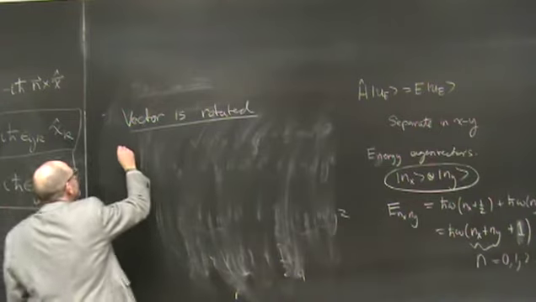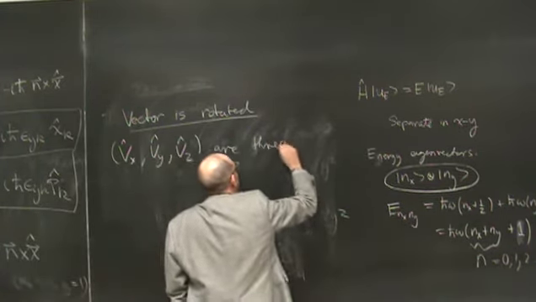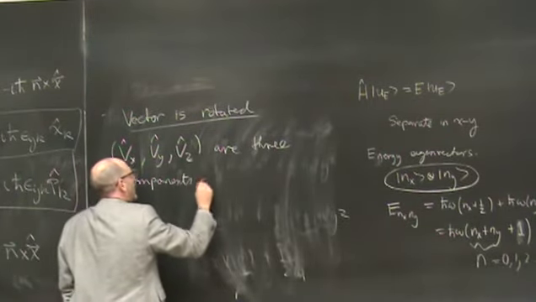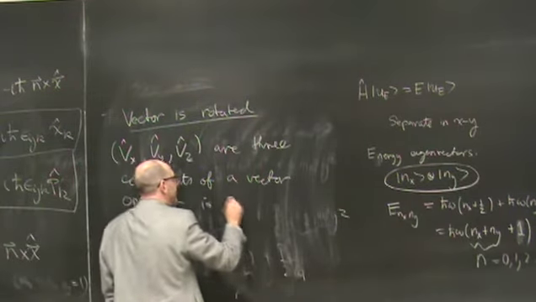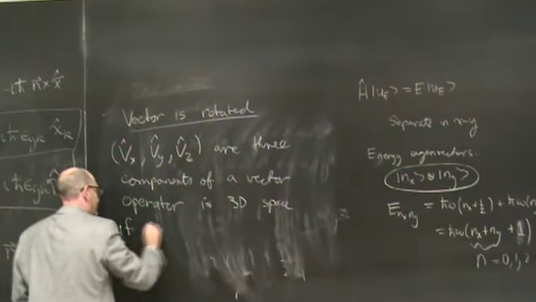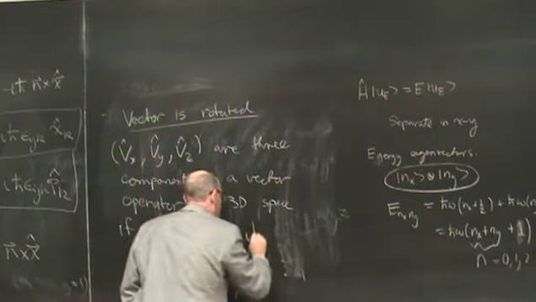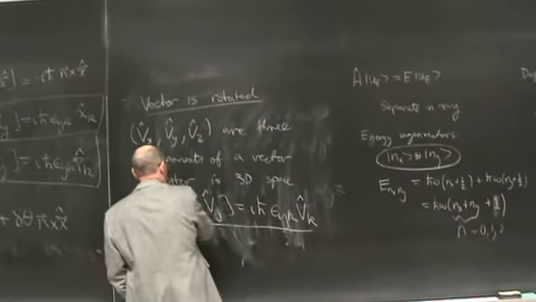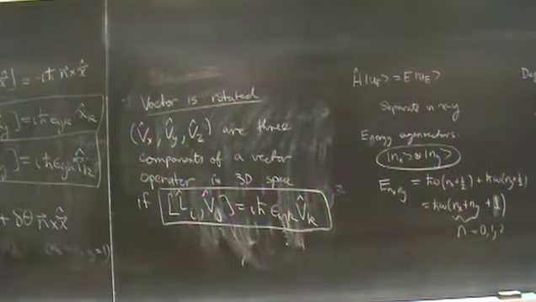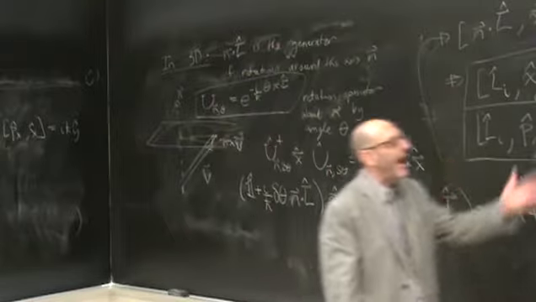And it thus must satisfy, so I can say that V_x and V_y and V_z are three components of a vector operator, like position or momentum, in 3D space, if it satisfies these commutation relations. V will be rotated. That is to say, I will take the vector V and rotate it by this amount. So if I have three components that satisfy that, we call it a vector operator.